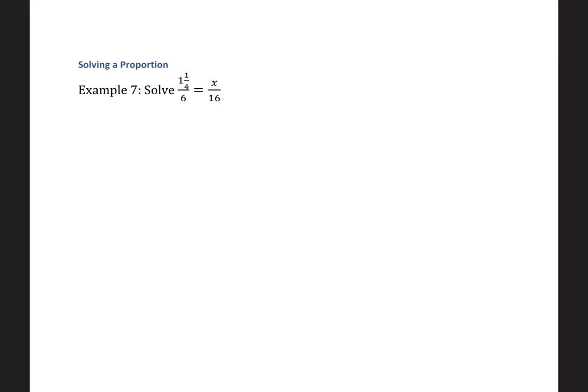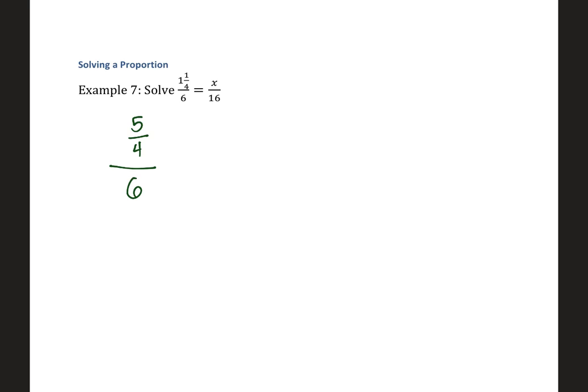For example 7, we'll do the same thing. Notice that we have a fraction within our fraction here. Not only just a fraction, we have a mixed number. So what I'm going to do is put that into an improper fraction so it's easier to work with when I'm doing my multiplication. So that would be 4 times 1 is 4 plus 1 is 5. So we're going to have 5 over 4 over 6.